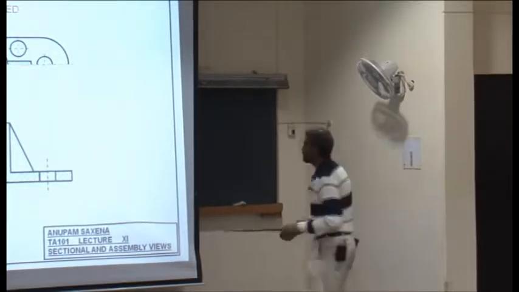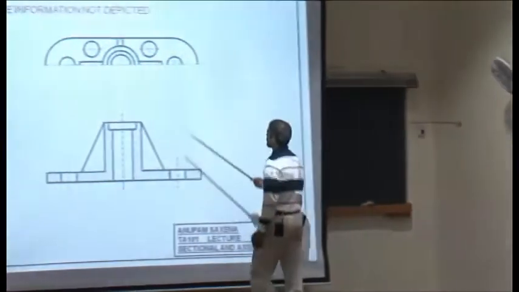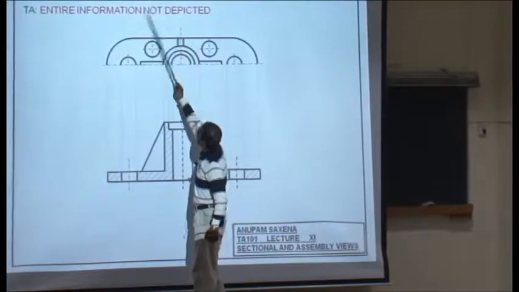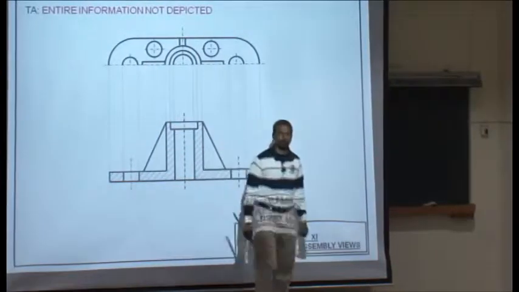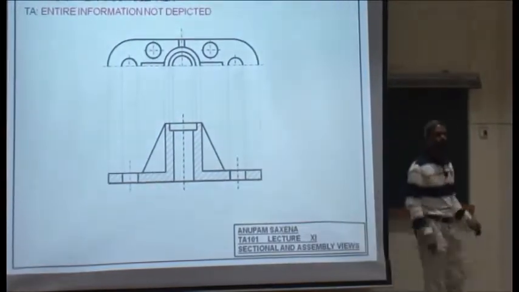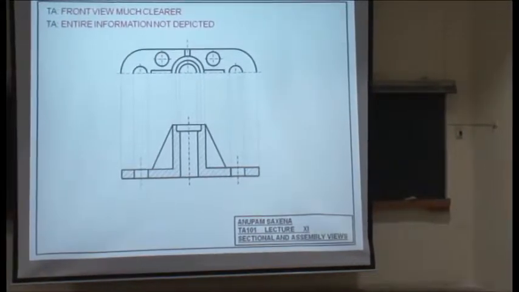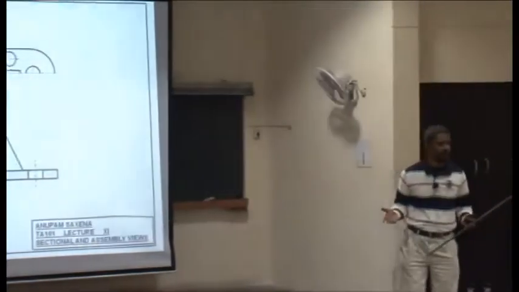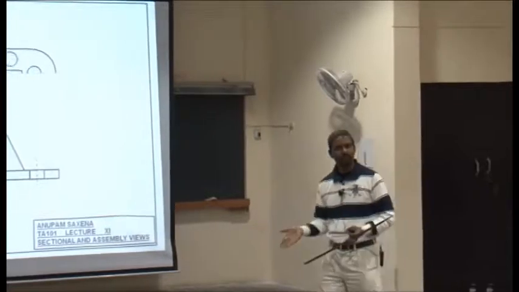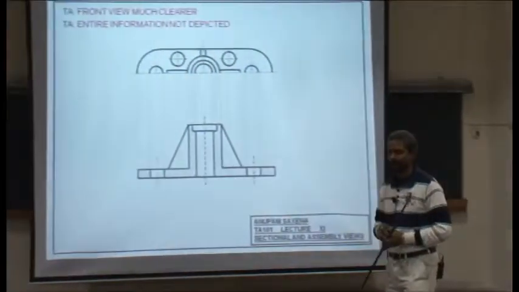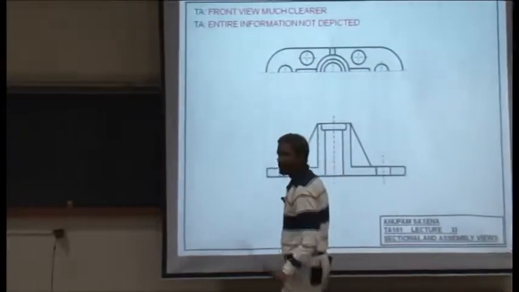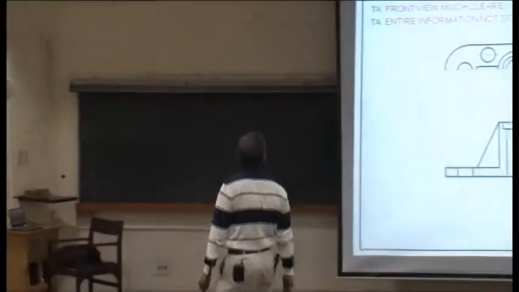It's a compromise between clarity and information. If you want more clarity, let go of certain information. If you want less clarity, include as much information as you want. Something to keep in mind.